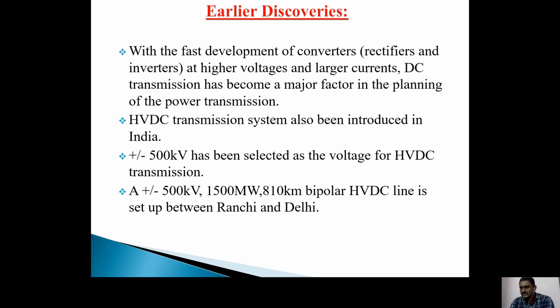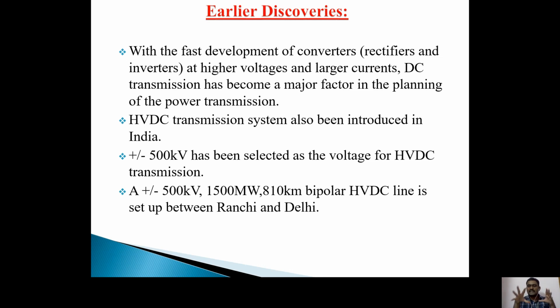In the previous slide we discussed the HVDC link established between Sweden and Gotland in Europe, but this HVDC line is established between Ranchi and Delhi. The length between Ranchi and Delhi is 810 kilometers, and it is a bipolar HVDC line.